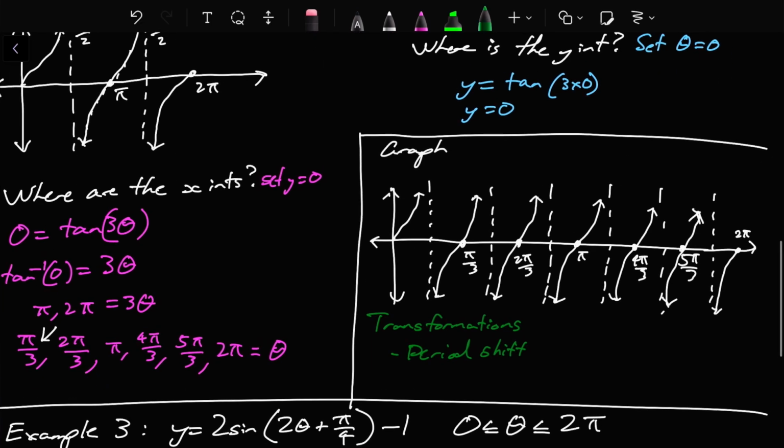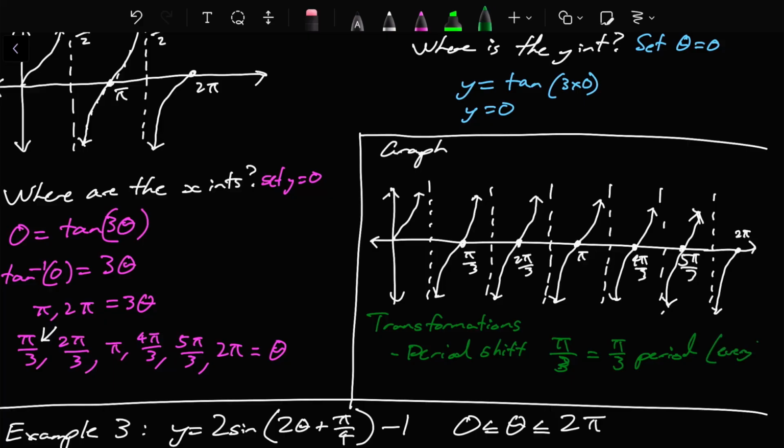Tan has a period of pi, right? So it's pi divided by 3, which equals pi on 3. So it's a pi on 3 period, which means it's going to repeat itself every pi on 3.